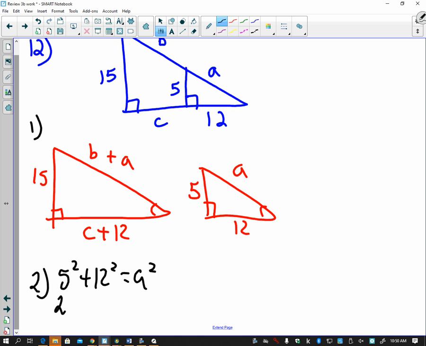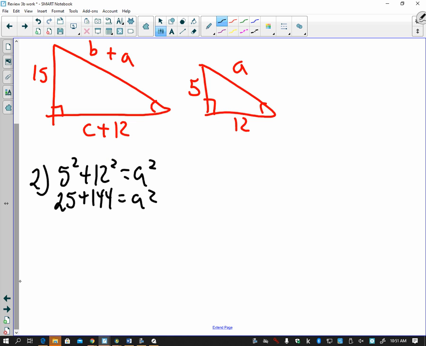We got 25 and 144. They're typically going to give you things that work out pretty nice. So that's 169, which, as we square root it, is 13 equals A.